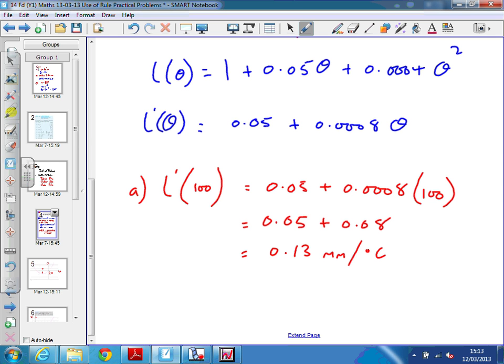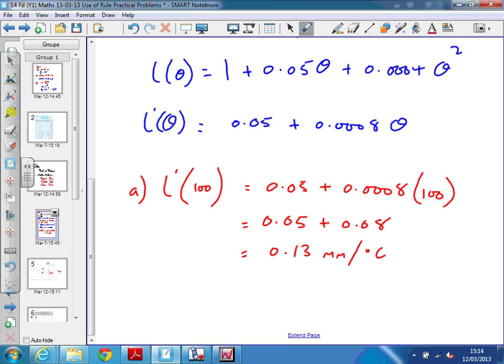It's increasing at the rate of 0.13 millimeters every degree, okay? Which might be useful to us as engineers. That's the rate at which it's increasing. If I add 1 degree temperature rise to that piece of metal, the length is going to increase by 0.13 millimeters.